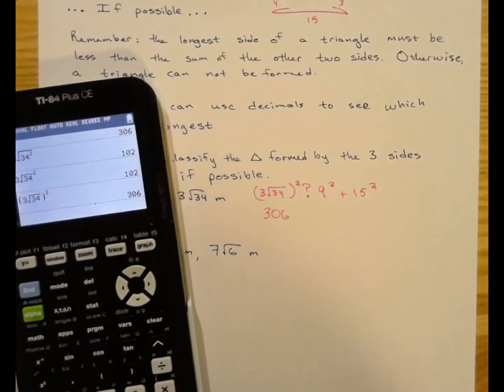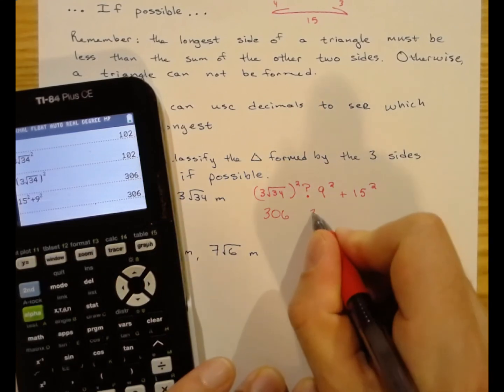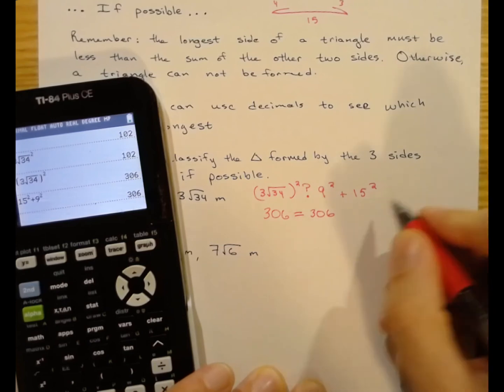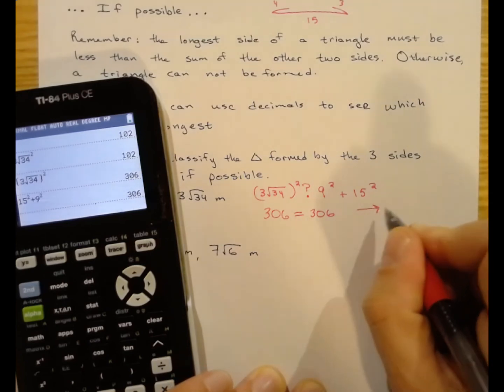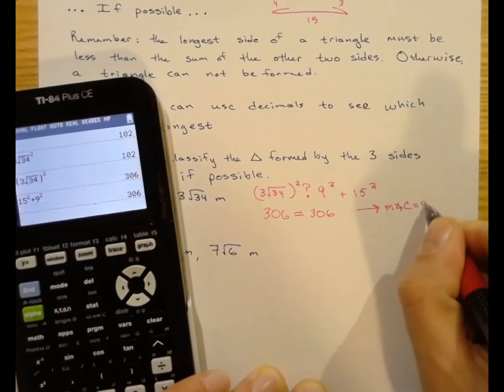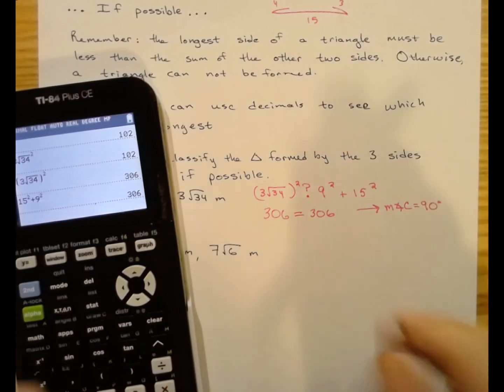What is 9 squared plus 15 squared? And as you can see here, it doesn't matter what the order is of A and B. It doesn't even matter what you call A and B. Oh, look at that. That's equal. So this is a right triangle because the measure of angle C, the largest angle, equals 90 degrees.